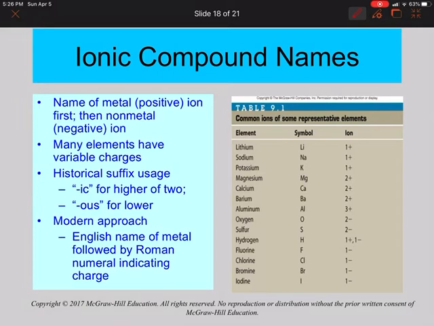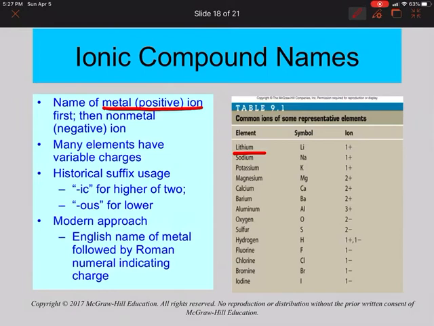So for ionic compound names, I'll probably have to stop this video soon, but what you do is first name the metal, which is the positive ion. So for instance, if you were talking about something like lithium chloride, you would name lithium first, okay?